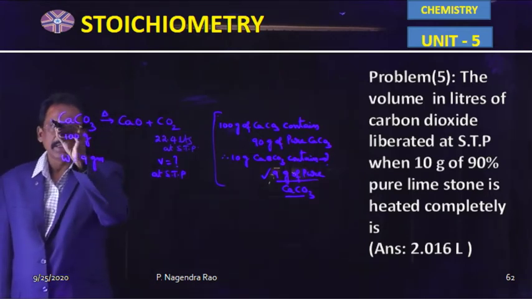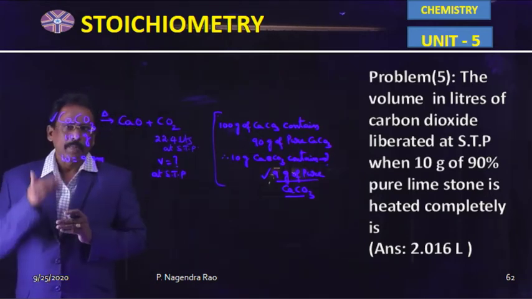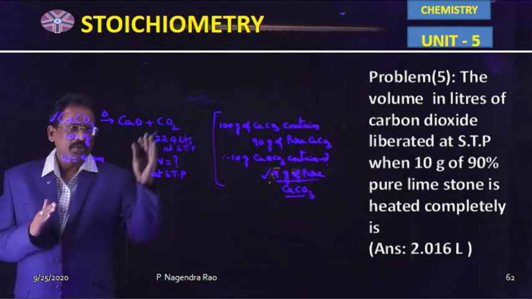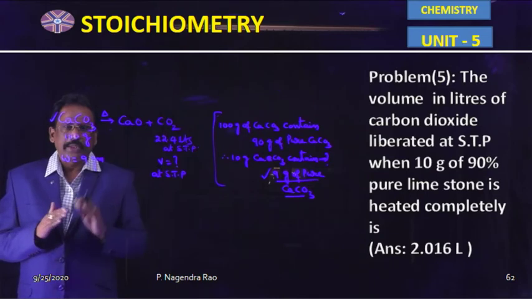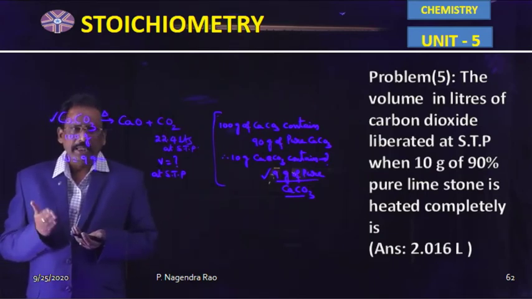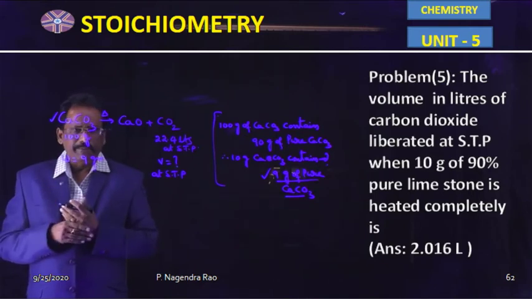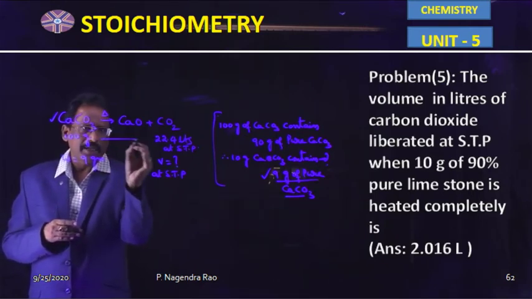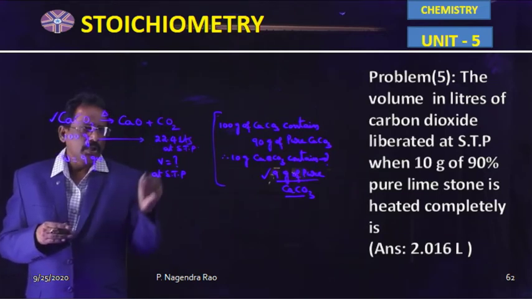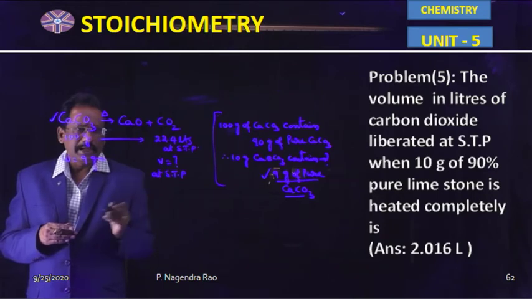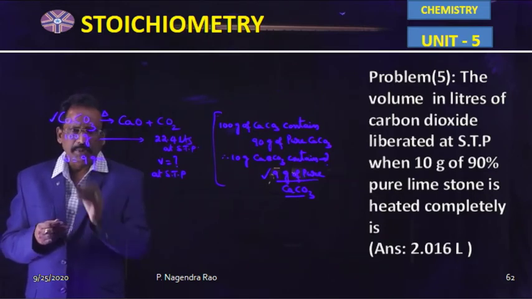According to the reaction, 1 mole calcium carbonate produces 1 mole CO2 gas. 1 mole calcium carbonate total weight is 100 gram. So 100 gram weight of calcium carbonate produces 22.4 liters volume of carbon dioxide gas at STP.